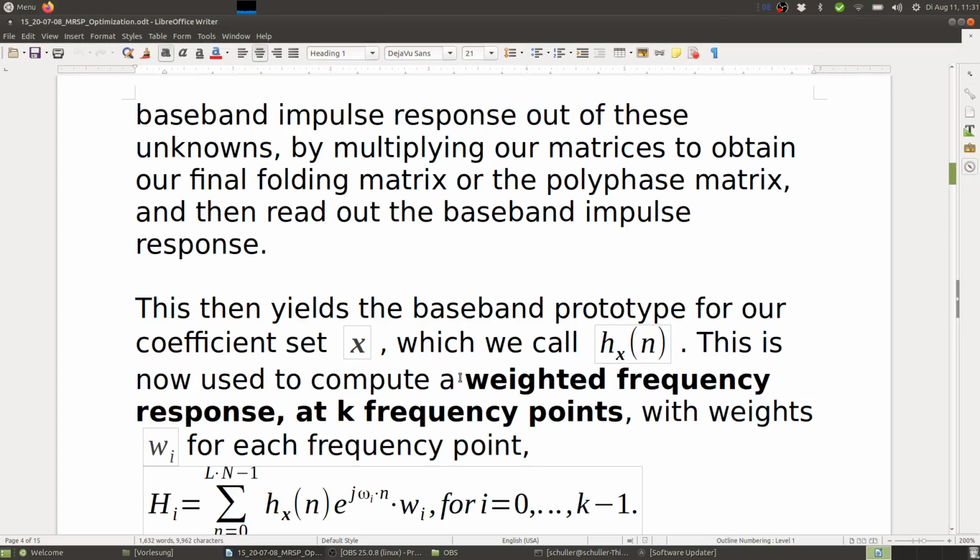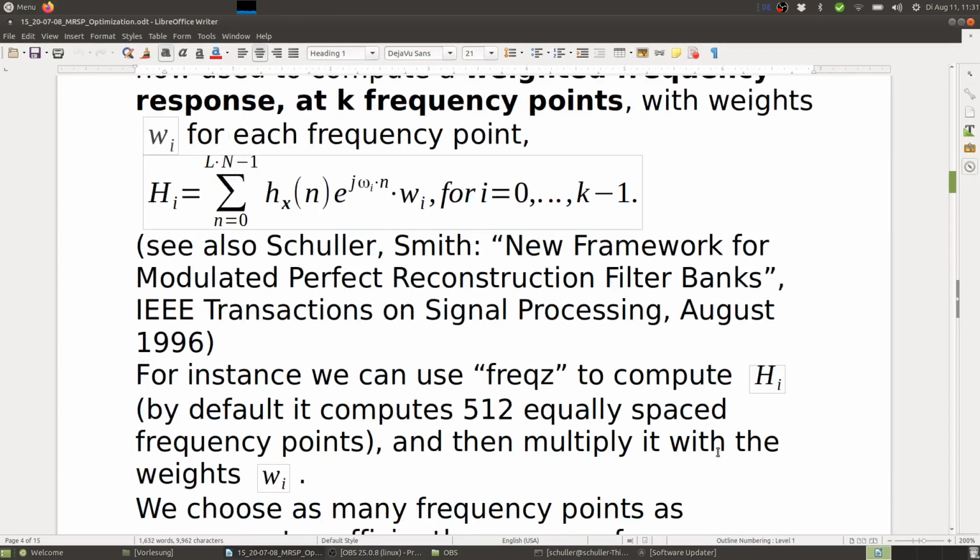This is now used to compute a weighted frequency response at k frequency points with weights wi for each frequency point. So here you can see it. Here we have now our baseband prototype or window function hx given our coefficients in x, and now we multiply with e to the j omega I times n times wi.